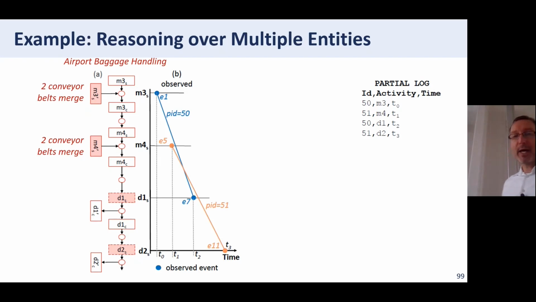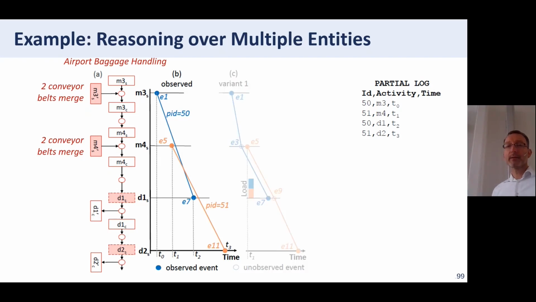If you now have two bags, the blue one coming from this part and the orange one merging in here, then you have these events recorded. We're showing this to you in the performance spectrum, and these two cross. Now we said these are conveyor belts, it's FIFO, they can't cross.